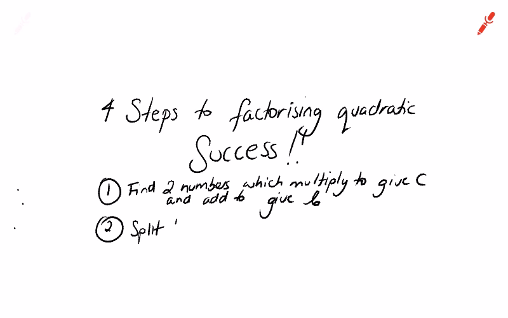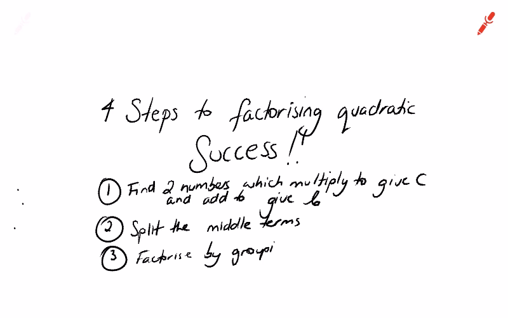Secondly, we have to split the middle term up into these two numbers. Then we factorise by grouping the pairs. And lastly, we factorise the brackets. If we can remember these 4 steps, factorising monic quadratic expressions isn't all that difficult.